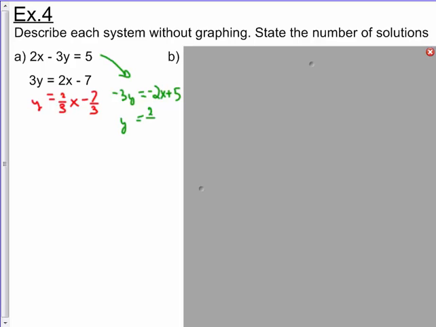So when I get y alone in each of them, I get 2/3 x minus 7/3 and 2/3 x minus 5/3. In this case, the slopes are the same.